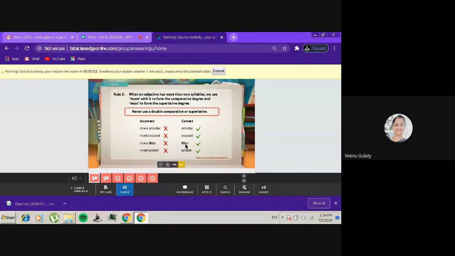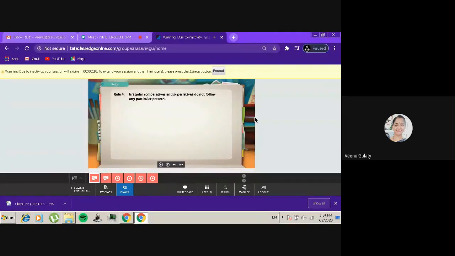We never use more fitter, it is fitter, already a comparative. If you use more also, then it is wrong. And we usually make these silly mistakes while talking. He's more smarter than he is. Ajay is smarter than Anil. We don't say Ajay is more smarter than Anil.